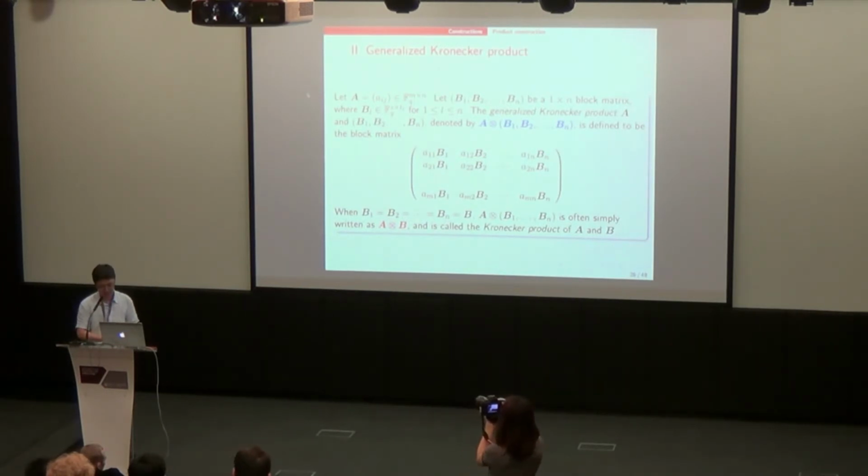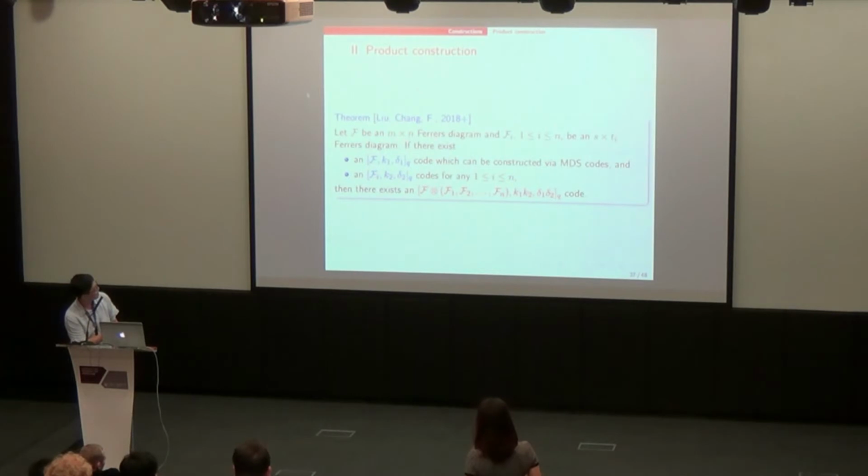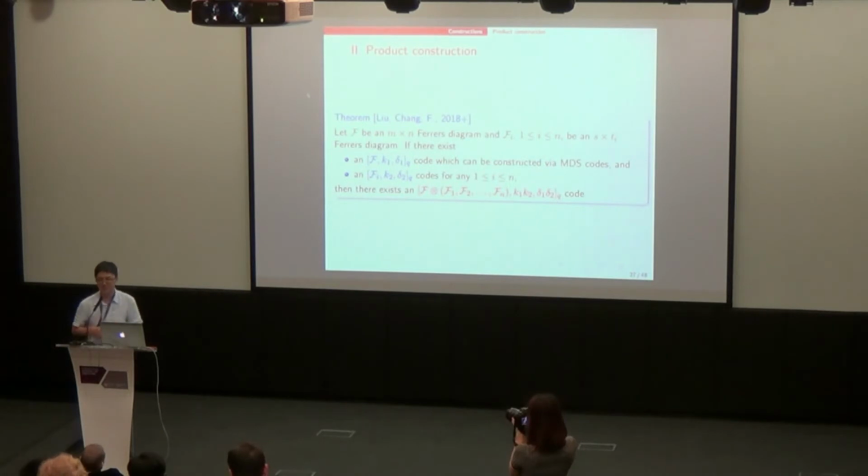Okay. So we write our construction: let F be an m times n Ferrers diagram and F_i be an s times t_i Ferrers diagram. Each F_i has the same number of rows, and if there exists an F_p1.1 code, here we require the master code must be constructed via an MDS code, then you can have this construction.